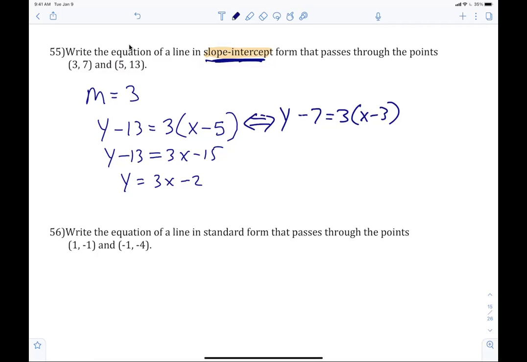They are. So we're going to show you y minus 7 equals 3x minus 9. And then add the 7. So it's the same line. See what I'm saying? It doesn't matter what point you choose, you will end up with the same equation.